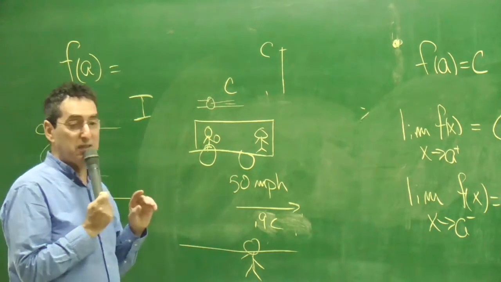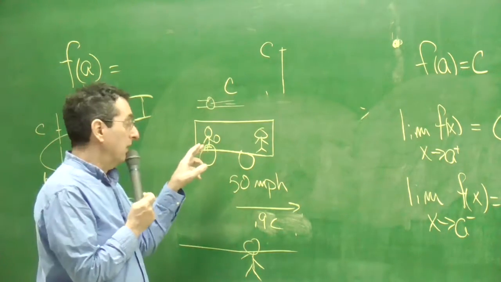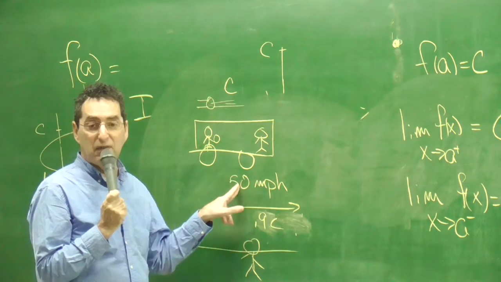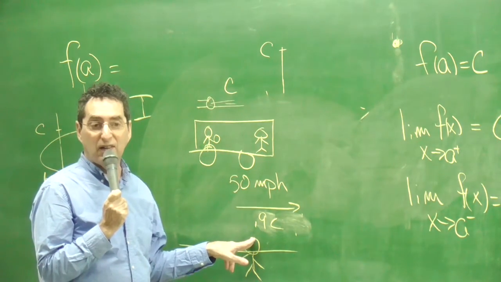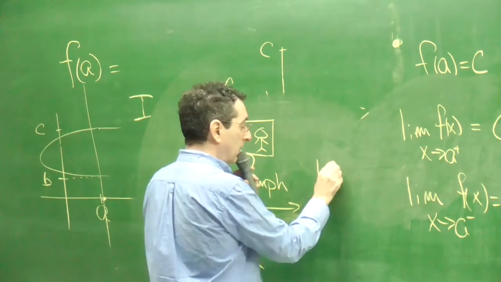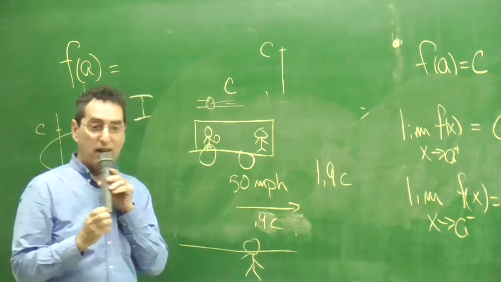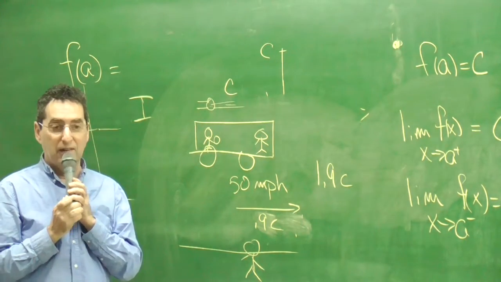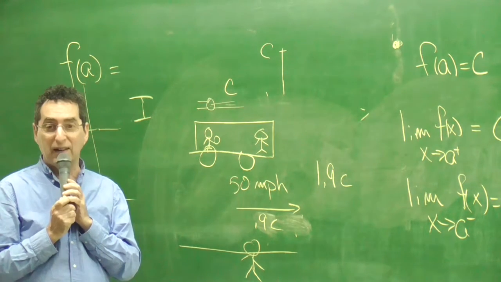If we did it the way we did before, we would say C plus 0.9 C, just like 50 plus 60. In other words, 1.9 C.